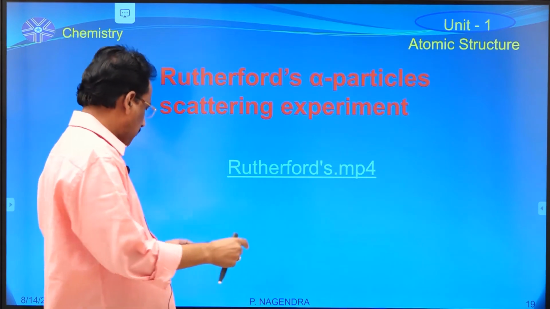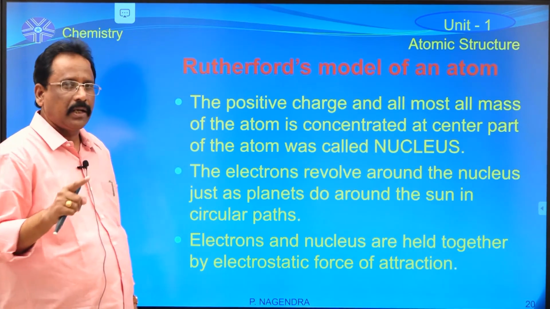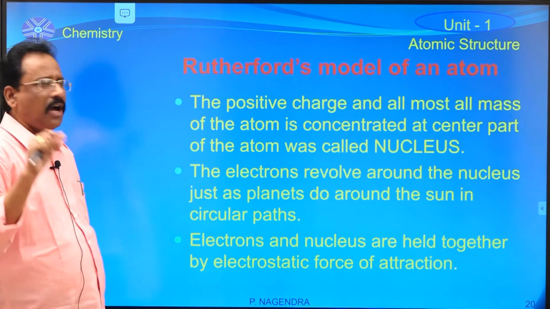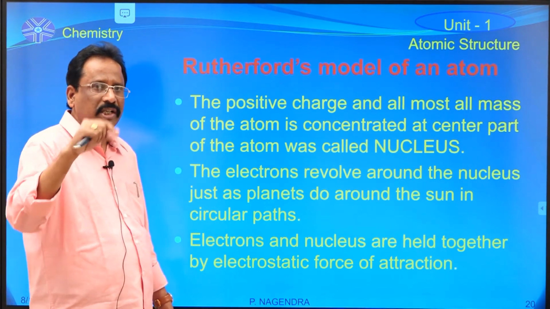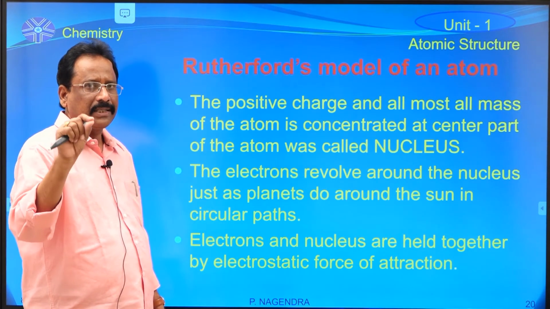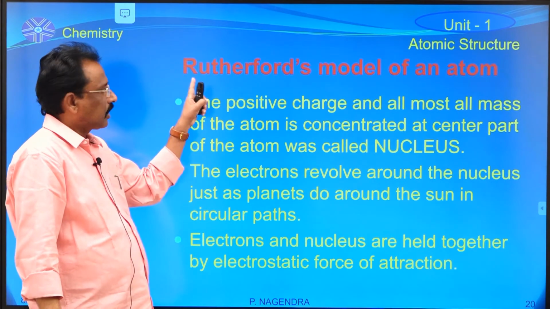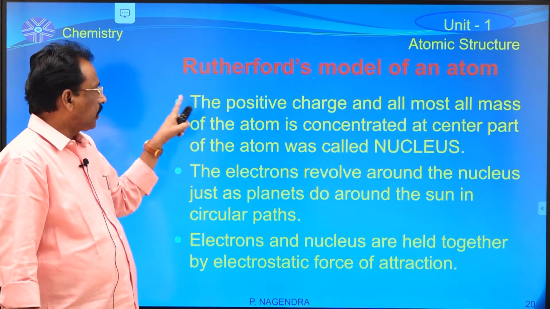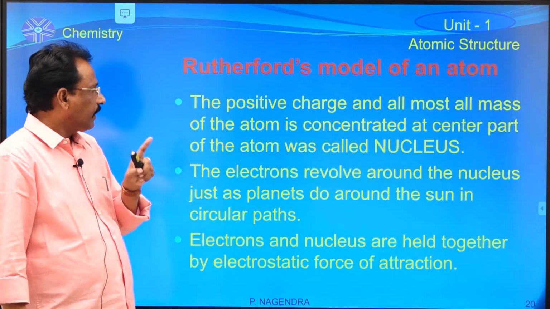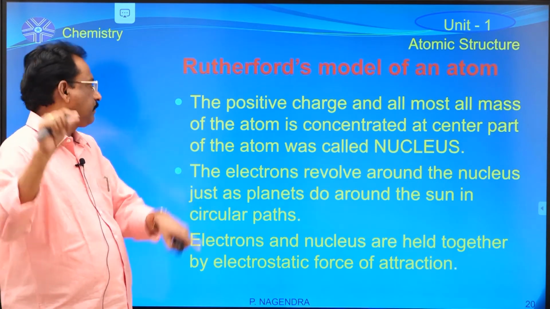Now based on that alpha particle scattering experiment, he proposed the atomic model to picturize the position of the fundamental particles in an atom. So that is known as Rutherford's atomic model. Rutherford's atomic model mainly depends upon the alpha particle scattering experiment.